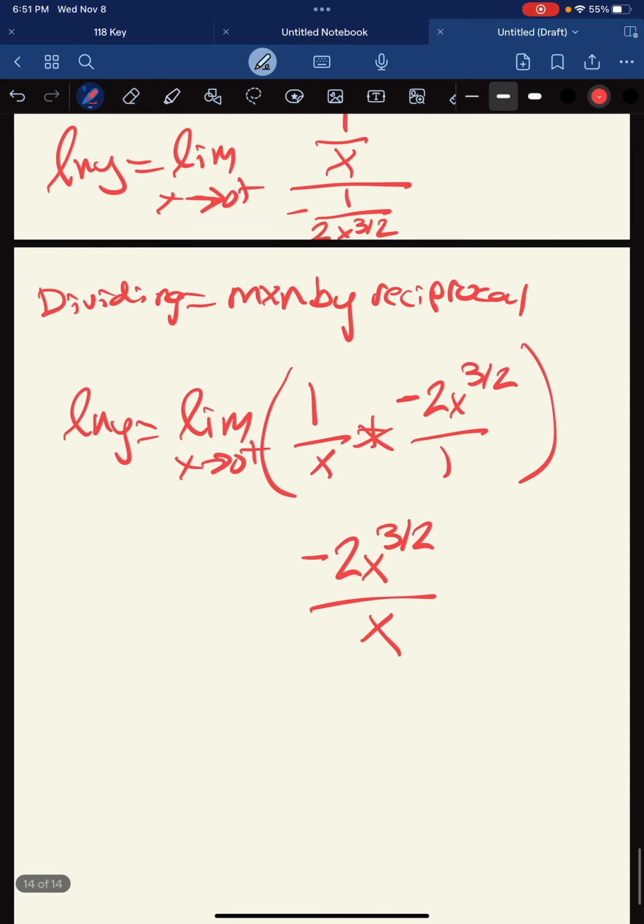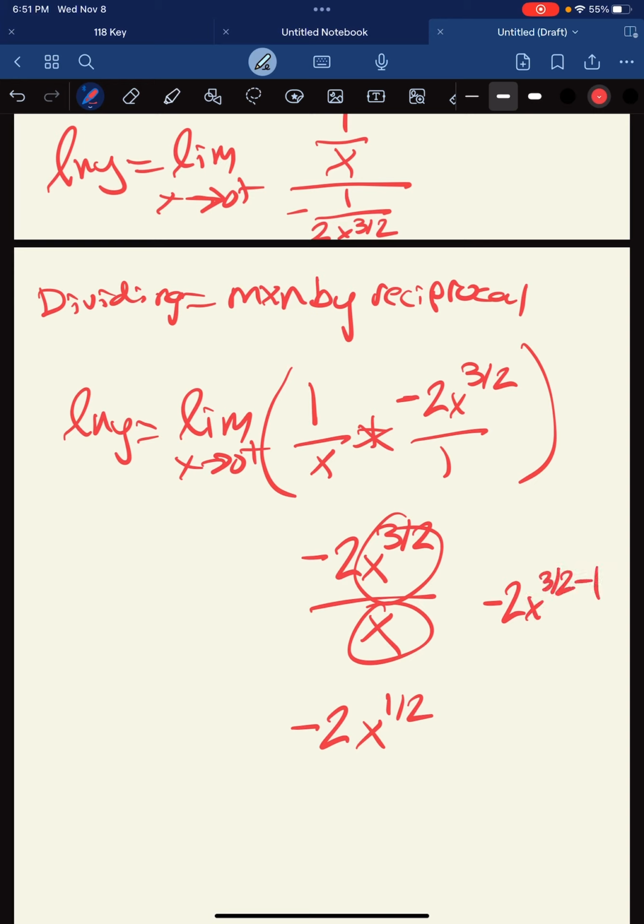And that equals negative 2x to the 1/2, right? Because when you divide by something, you can subtract the exponent. So that's negative 2x to the 3/2 minus 1. And then that 3/2 minus 1 just becomes 1/2, right? Which is the same thing as saying square root of x, right?